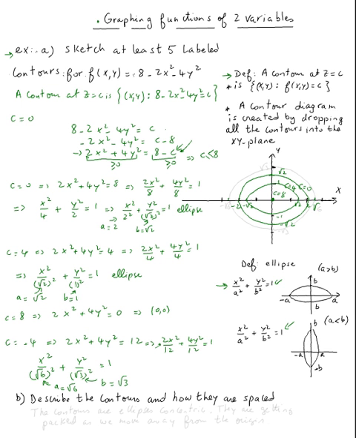So it's square root of 6, negative square root of 6, and square root of 3 is 1.73, which is here. So we get another ellipse here. So you can tell the ellipses are getting closer and closer to each other.